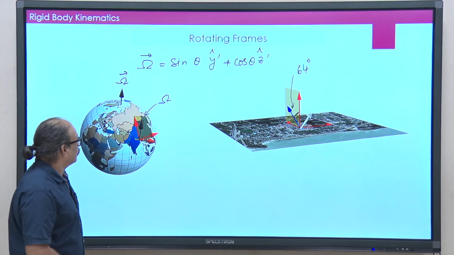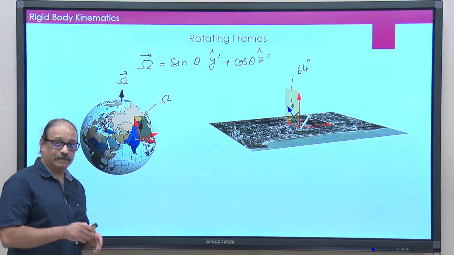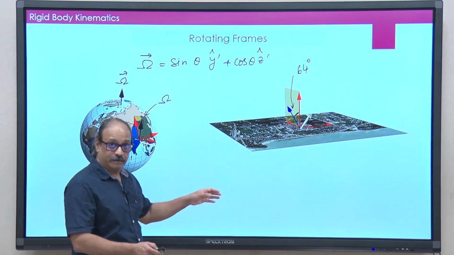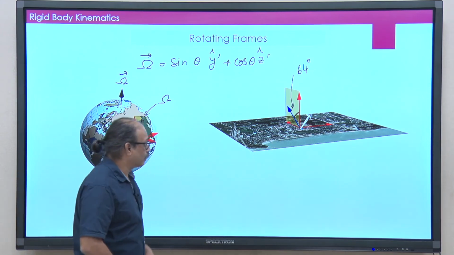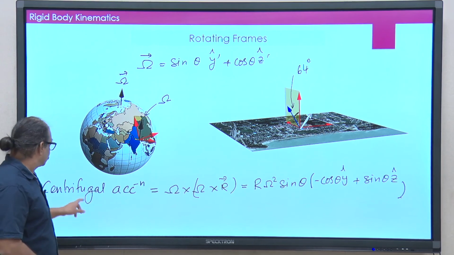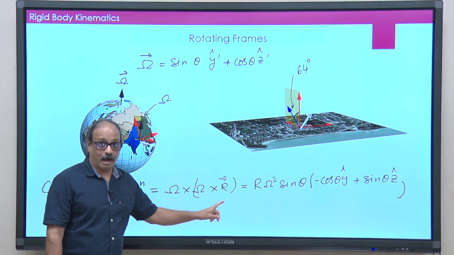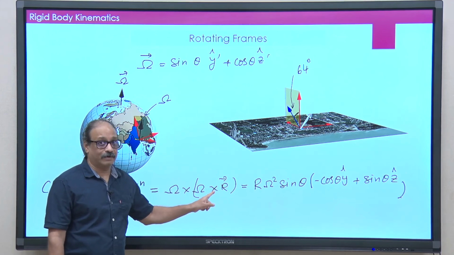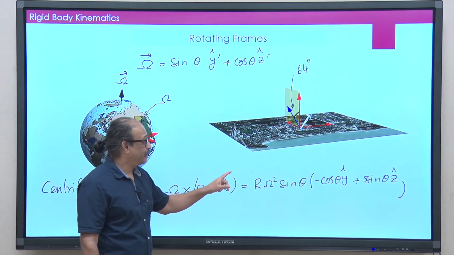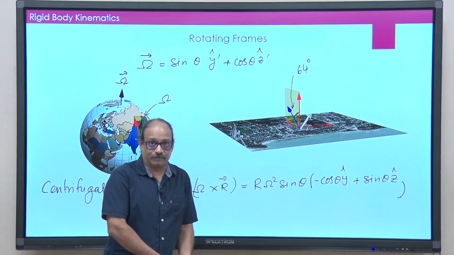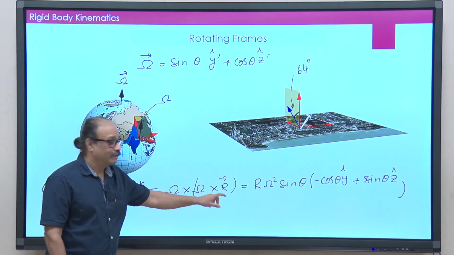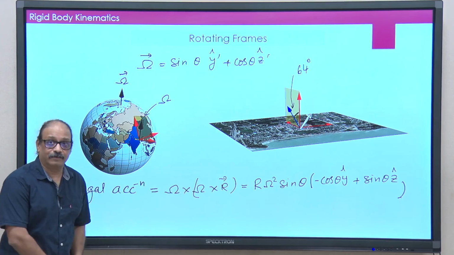Let me first calculate the centrifugal force that you would see here in our local frame. So, centrifugal acceleration, that is just omega cross (omega cross r), but wait, this r vector must be measured not from the surface of the earth, this r vector must be measured from the center of the earth.